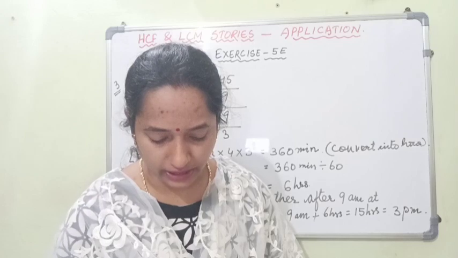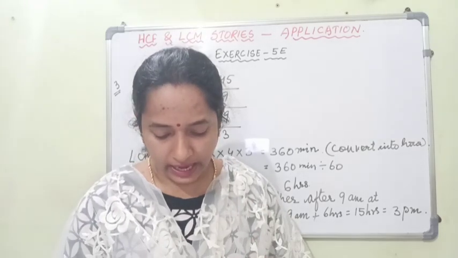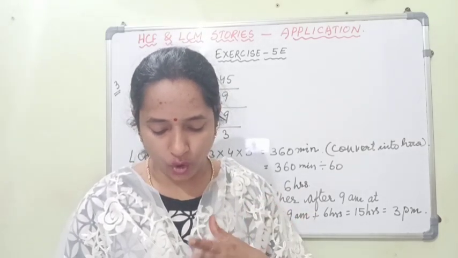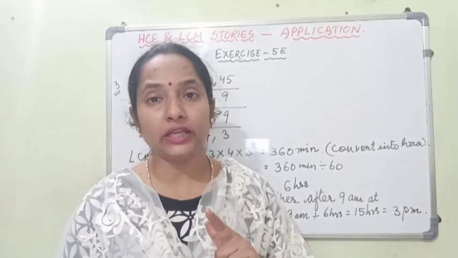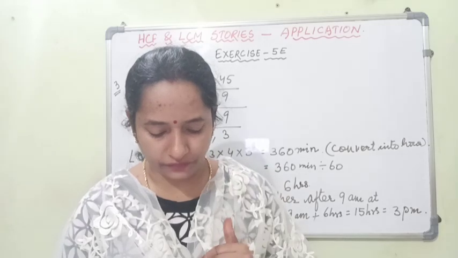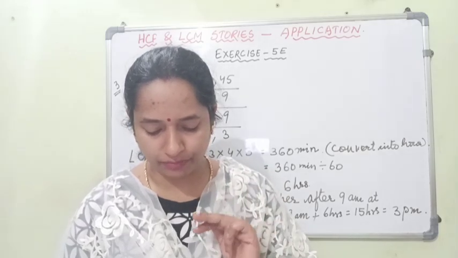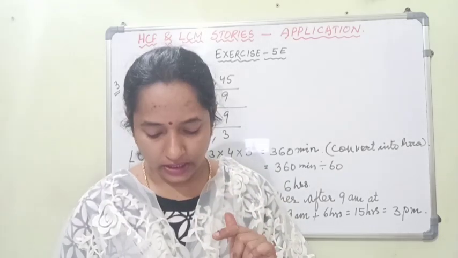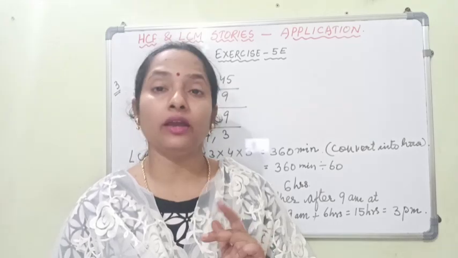The next question we have: some students have to stand in rows of either 15 or 20 or 25. Find the minimum number of students who can be split into rows of 15, 20 or 25.